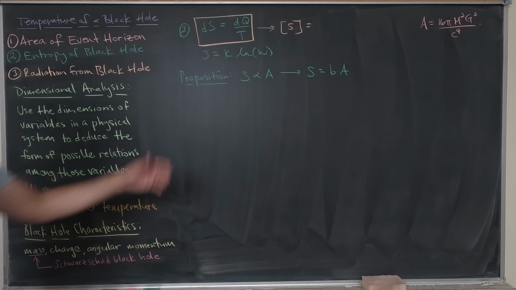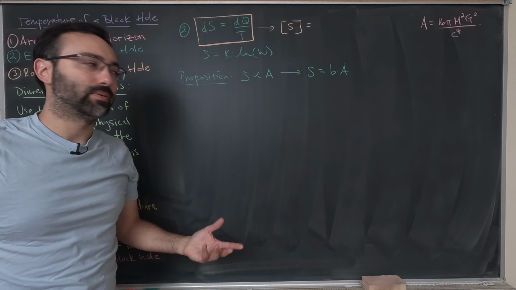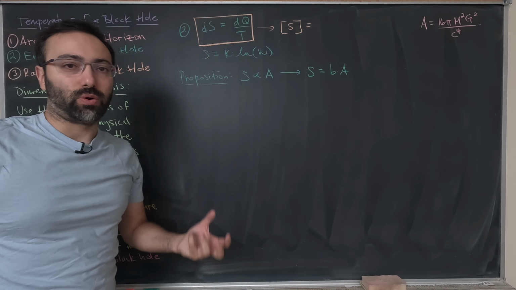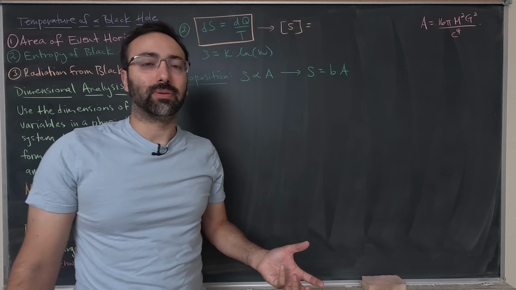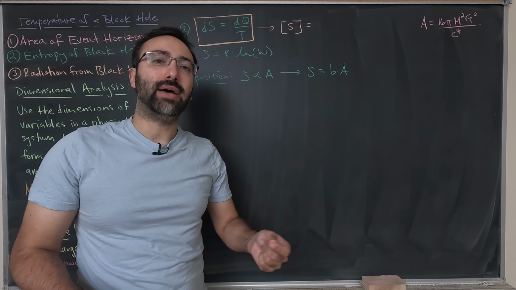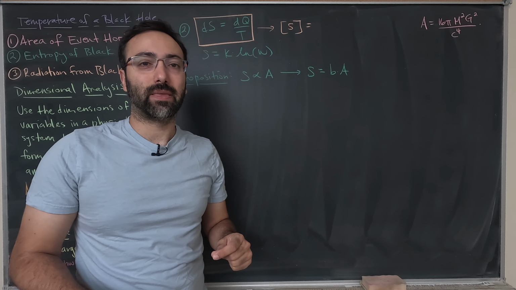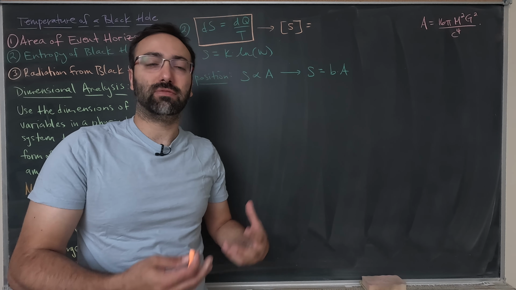Well, when we think about energy, we might think about things like work. And work is just a force dotted with displacement. Now again, force has dimensions of mass times length divided by time squared, and displacement has dimensions of length.